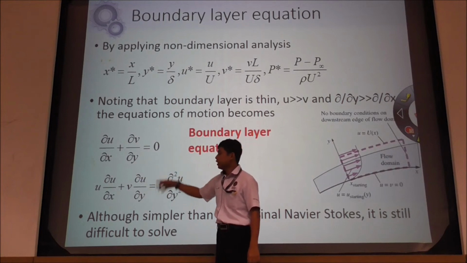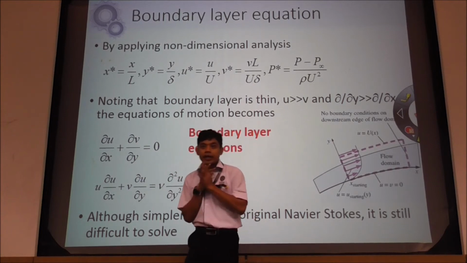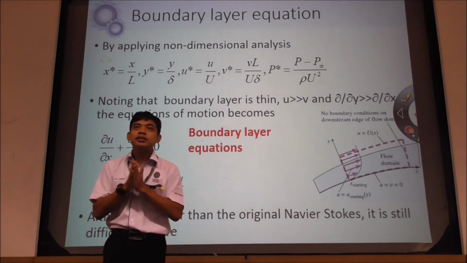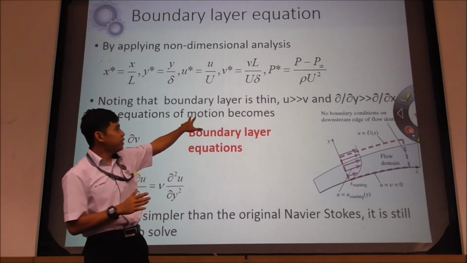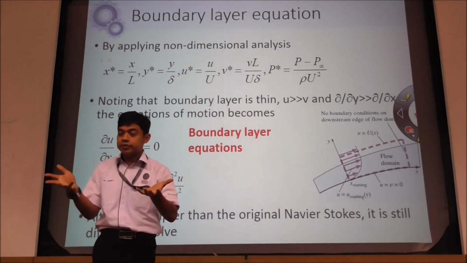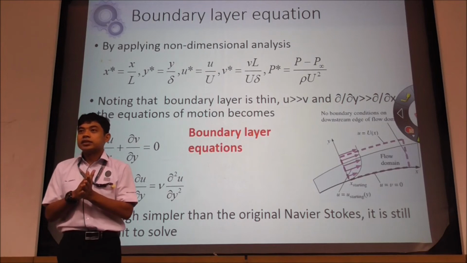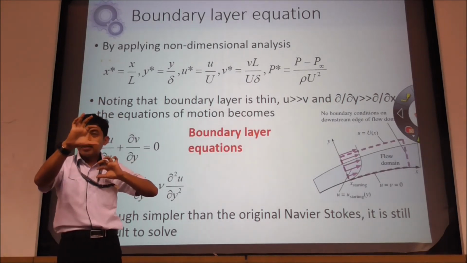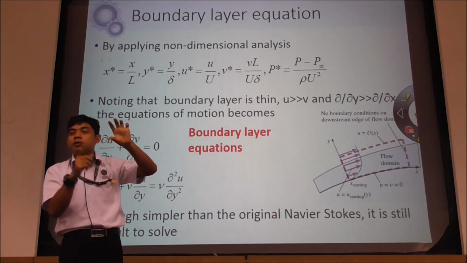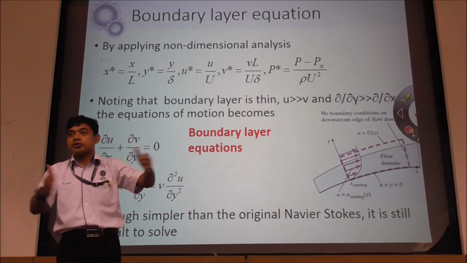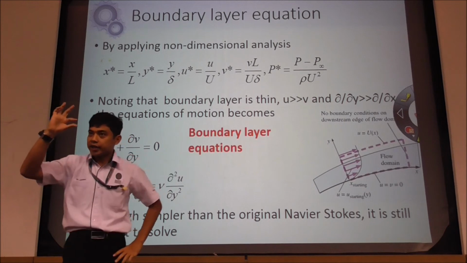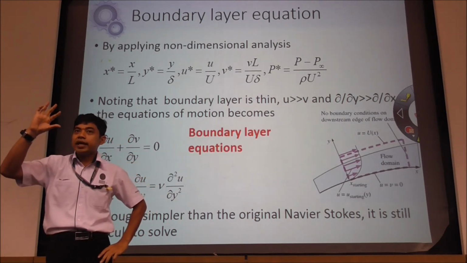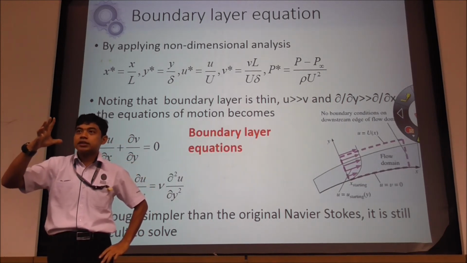You end up with having these two. Clear, ladies and gentlemen? This one we haven't done anything. We just take rational. That when you have this thing, u will be much bigger than phi, and d/dy will be much bigger than d/dx, because x can be very long and y can be very small. So the gradient in the y direction is much bigger, right?